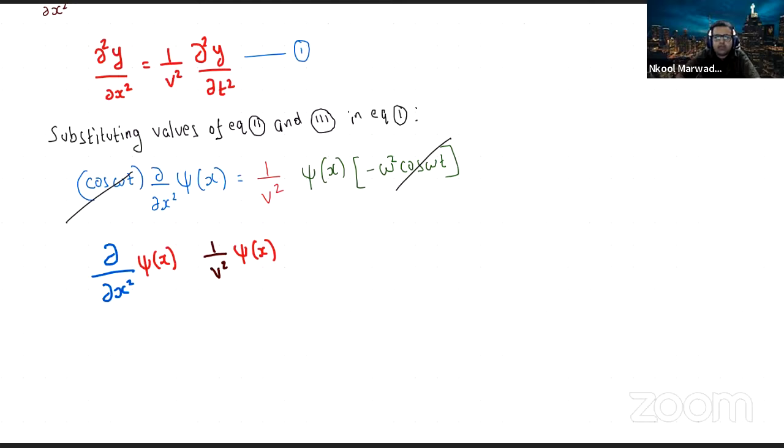I'm just bringing it here, plus, and here I get 0. Okay, and omega square is also there. Sorry, omega square. This is the final equation. And clearly, this wave equation is independent of time.